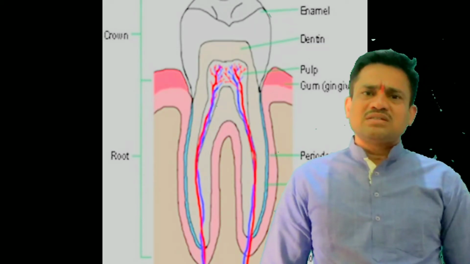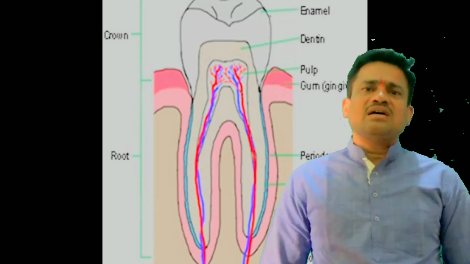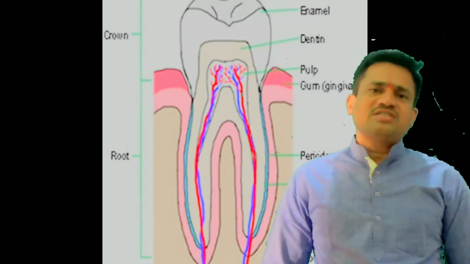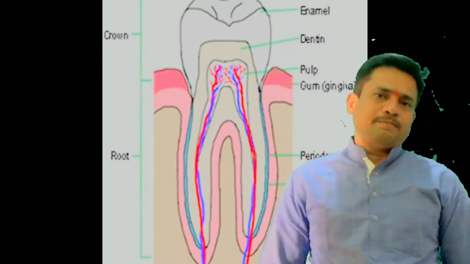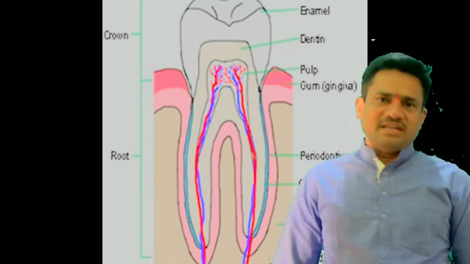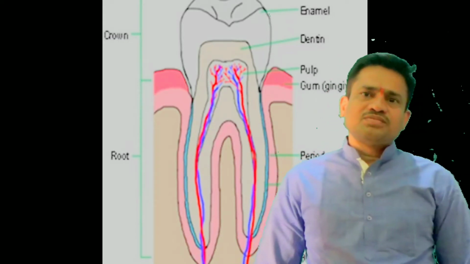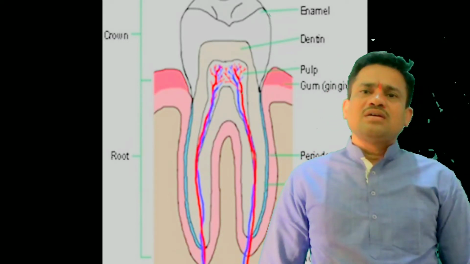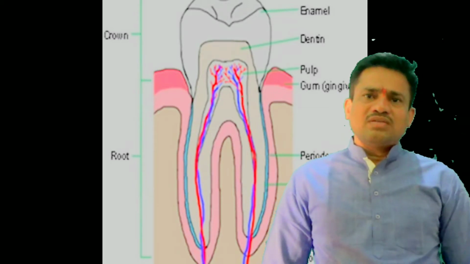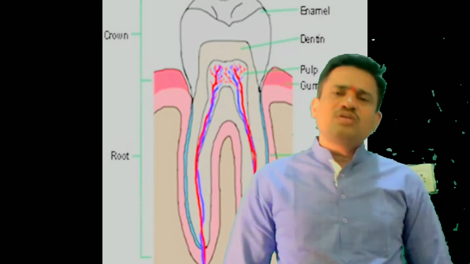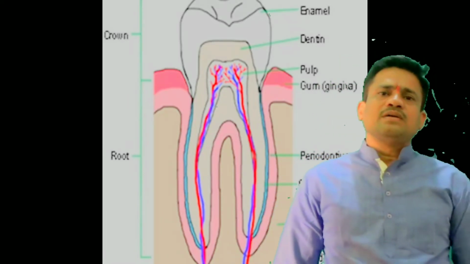Generally premolars are immediately behind the canines. The function of premolars is grinding the prey or the food material. And finally molars. Generally molars are for chewing. So these four types of teeth are present in mammals.